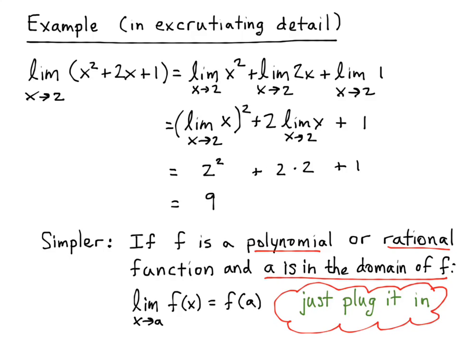And if you did, you wouldn't get a number, right? 1 over 0 is not a number. So for any rational function, if a is part of the domain, you can just plug it in. So you can just move things around so that the limit is always x, which turns the limit into a, which is why I don't need a calculator anymore, right? Well, no, that's not it. x is in the definition of your function, and so you evaluate the function at a.